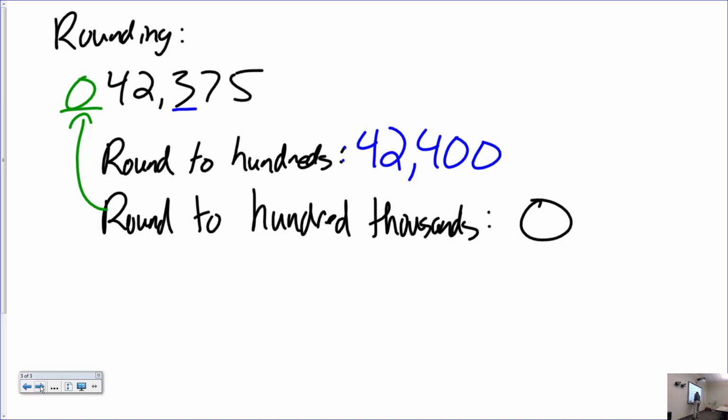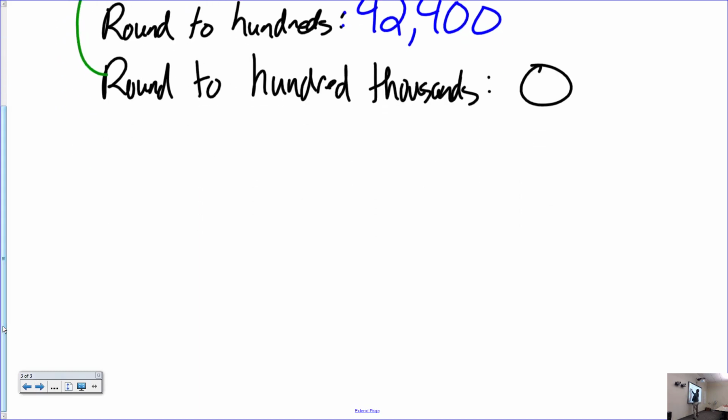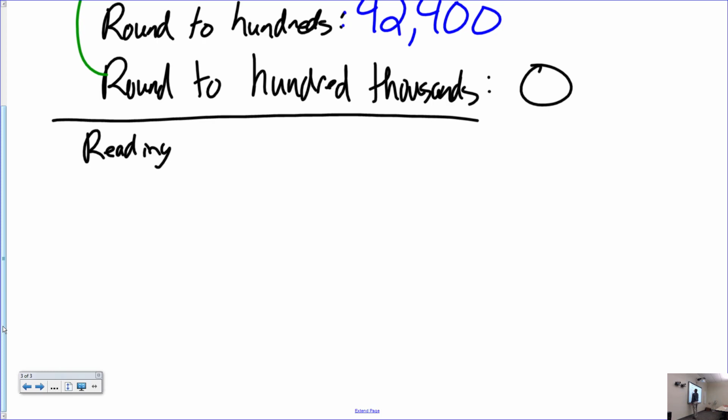All right, so rounding. And this one, just because it bothers me sometimes, I'm not going to test you on this, but technically I really wish you guys could read numbers correctly.